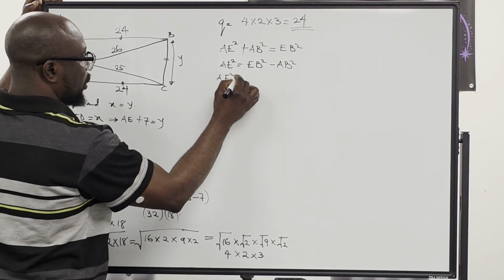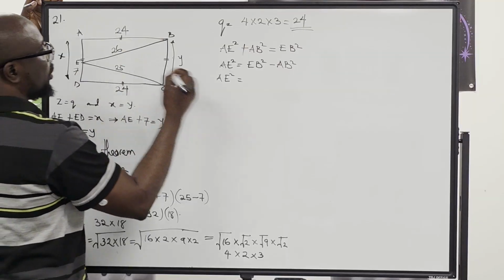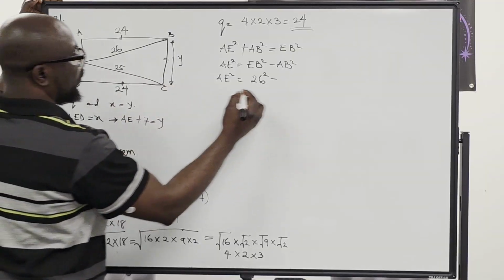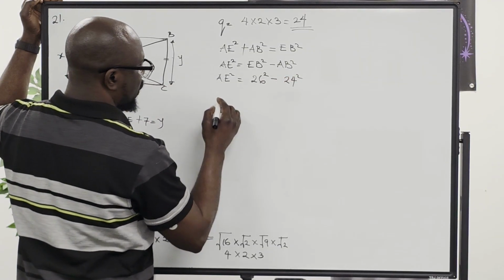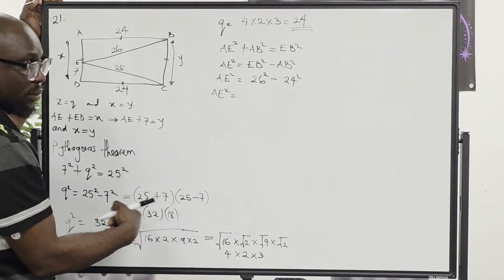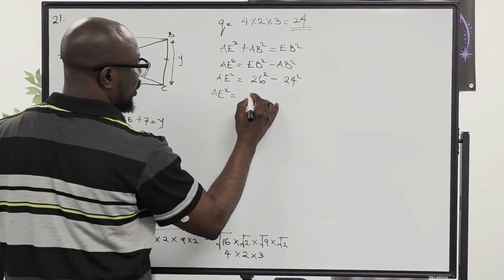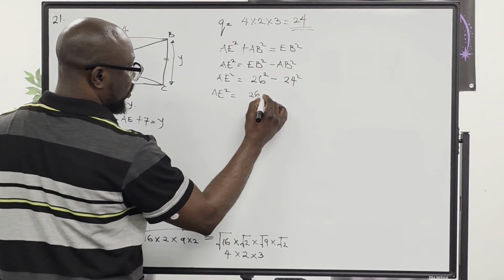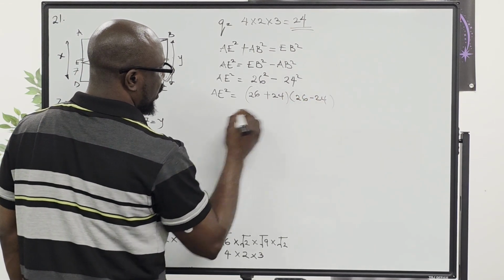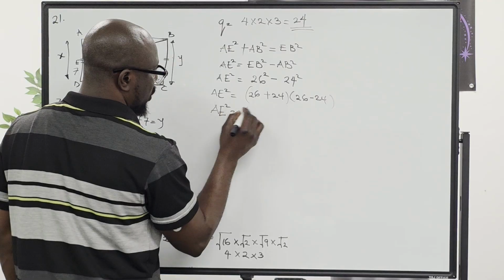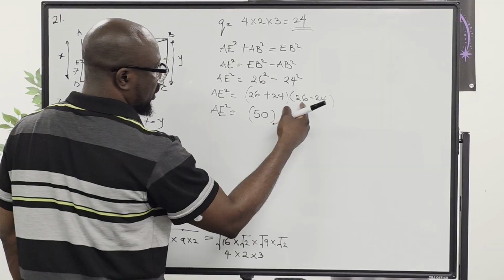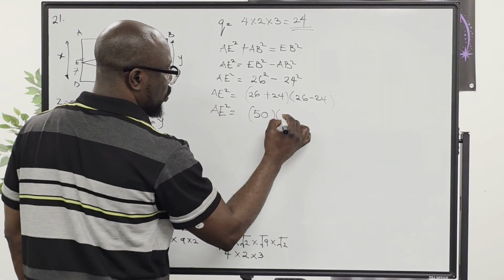AE squared is equal to EB squared, which is 26 squared, minus AB squared, which is 24 squared, right? I don't have a calculator on me, so I'm just going to use the same thing: 26 plus 24 and 26 minus 24. 26 plus 24 is 50, and 26 minus 24 is 2.